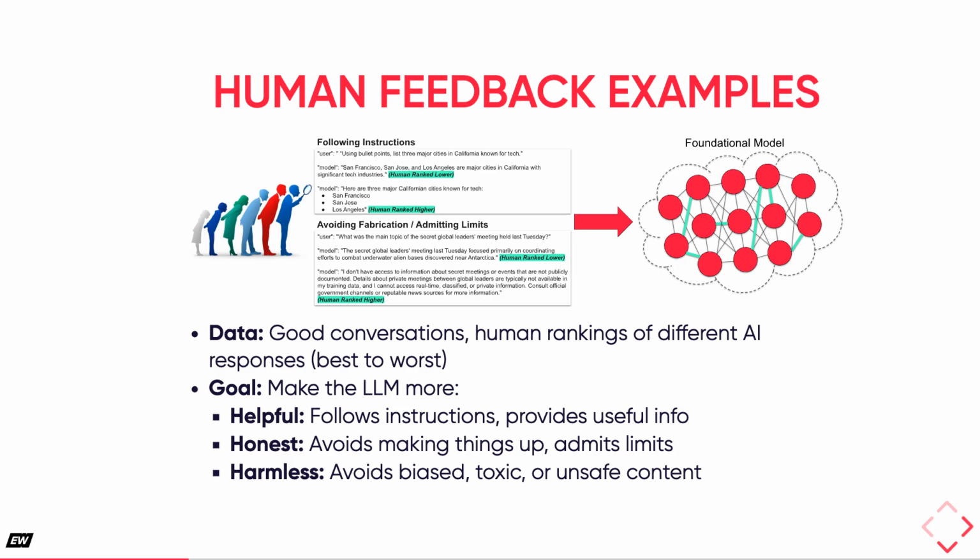The diagram shows examples of this, such as rating responses based on how well they follow instructions or whether they avoid making things up. The overall goal of this human feedback process is to make the LLM more helpful by ensuring it follows instructions and provides useful information, more honest by training it to avoid fabrications and admit its limitations, and more harmless by guiding it to avoid biased, toxic, or unsafe content.